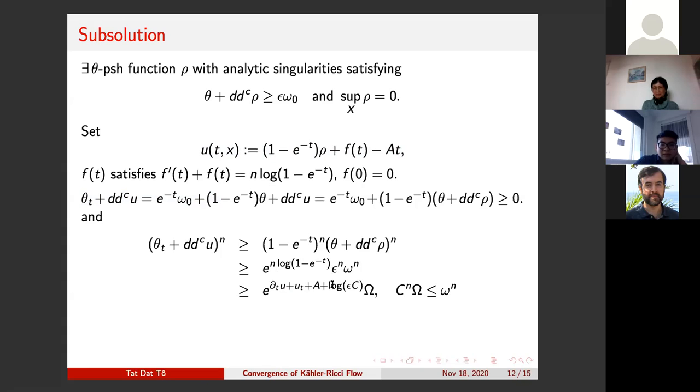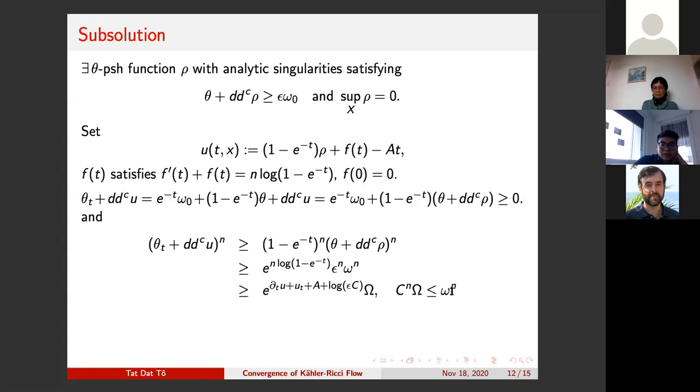And here the constant A is here. The constant C appears because of the inequality C times the fixed smooth volume form should be less than the volume form with respect to the fixed Kähler metric omega_0^n.